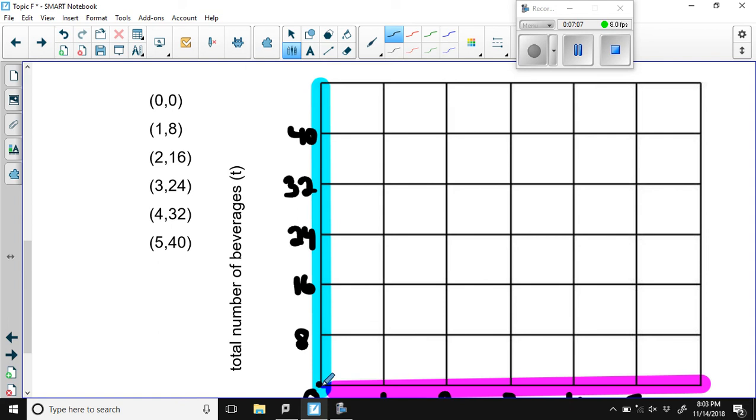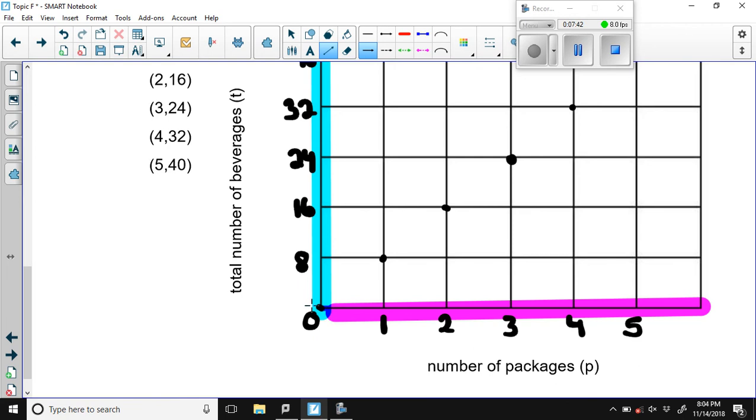So I'm going to start here with 0, 0. I'm going to go over 1 and up to 8. I'm going to go over to 2, up to 16, over to 3, up to 24, and you should start to see a pattern. And the very last thing I need to do to show the relationship between packages and beverages is to draw a line connecting those dots.